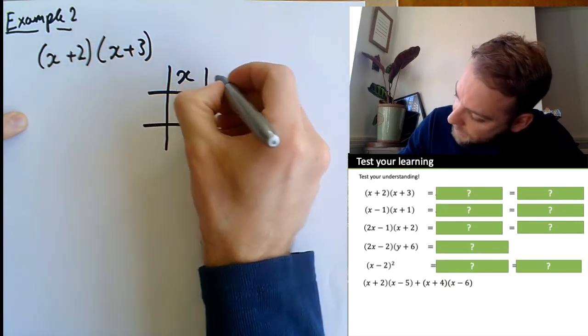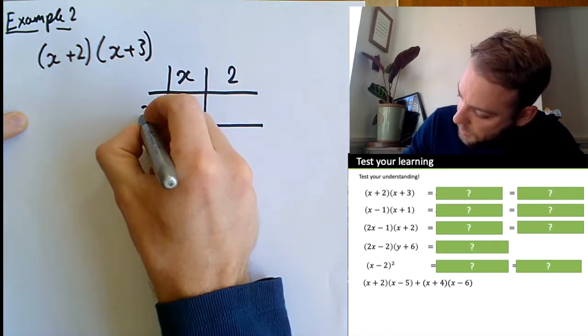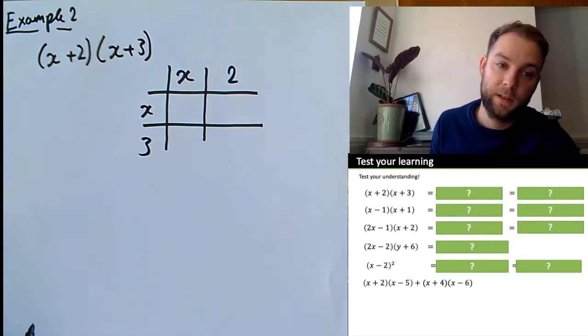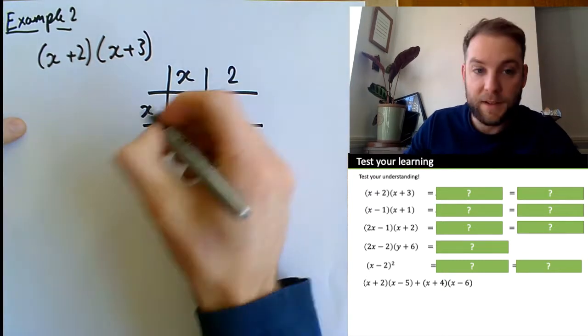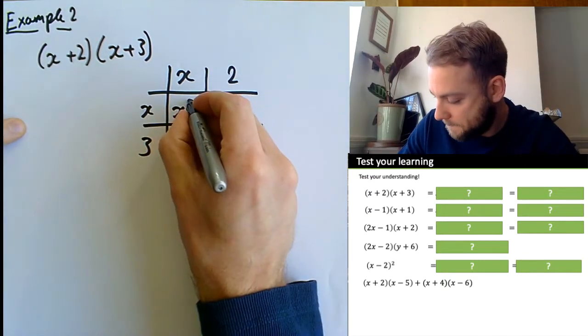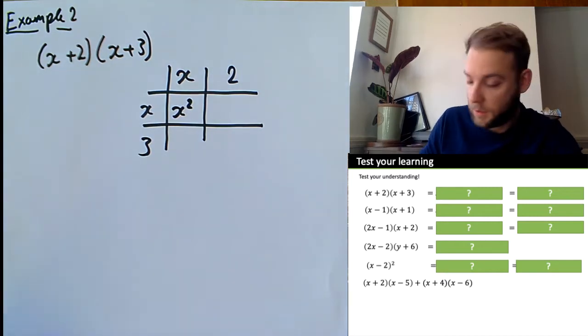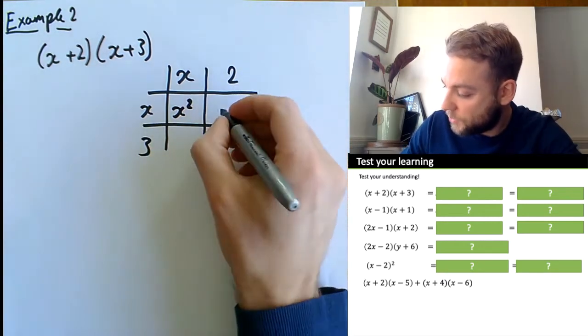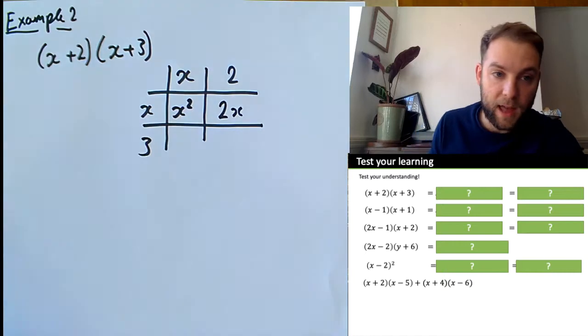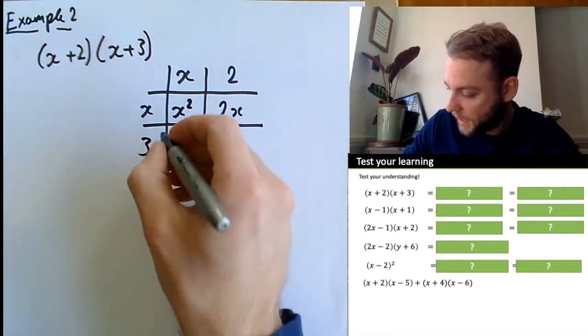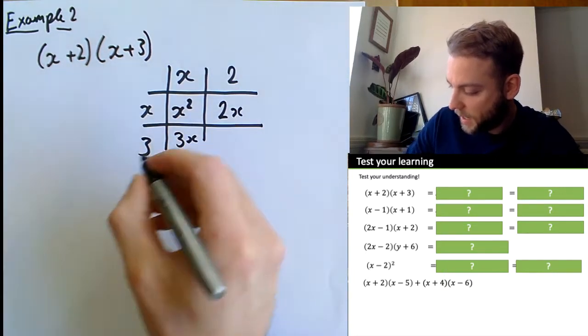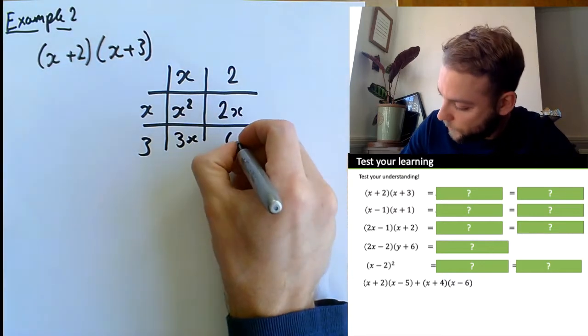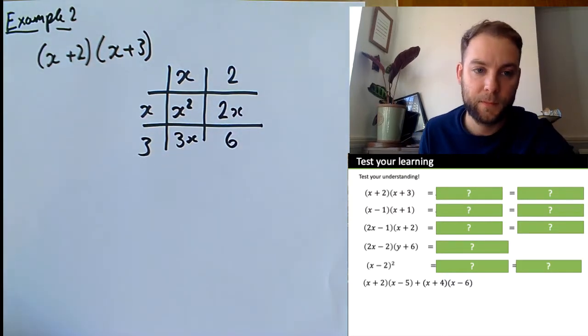I've got x and 2, x and 3. So x times x is x squared. X times 2 is 2x. 3 times x is 3x, and 3 times 2 is equal to 6.